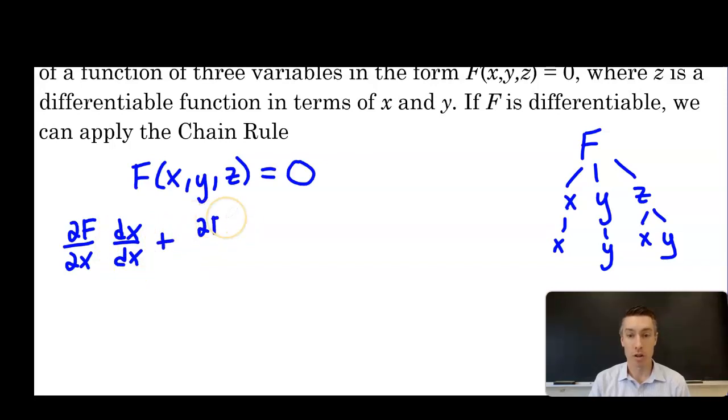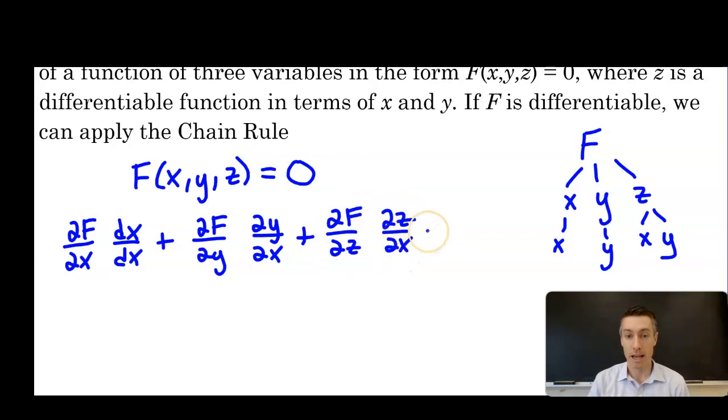And then partial of f with respect to y, dy. Actually, not dy, that would have been a mistake. y is not a function in terms of x, so if we tried to take the partial with respect to x, we would get nothing. And then partial of f with respect to z, and then partial of z with respect to x equals 0.